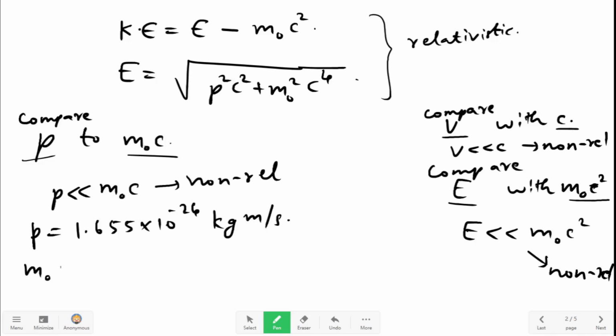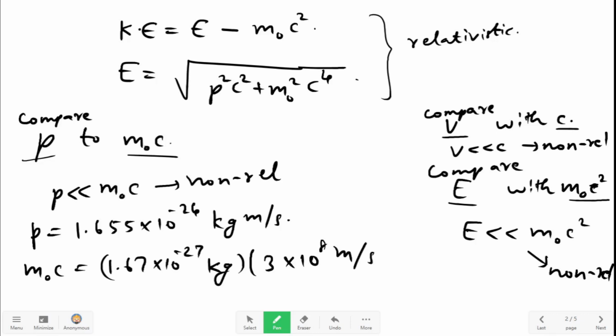m naught c is equal to mass of neutron, 1.67 into 10 raised to minus 27 kilogram, and c is equal to 3 times 10 raised to 8 meter per second. This is equal to 5.01 times 10 raised to minus 19 kilogram meter per second.